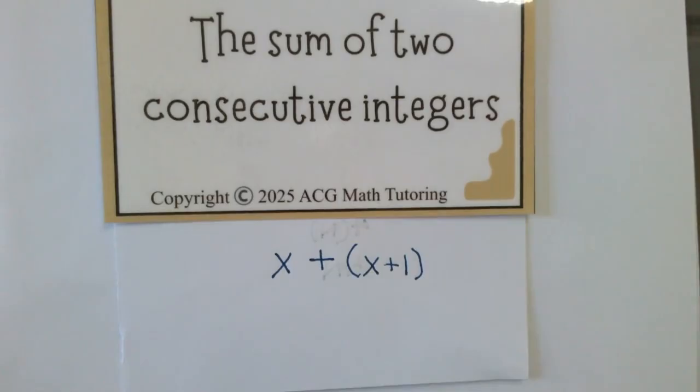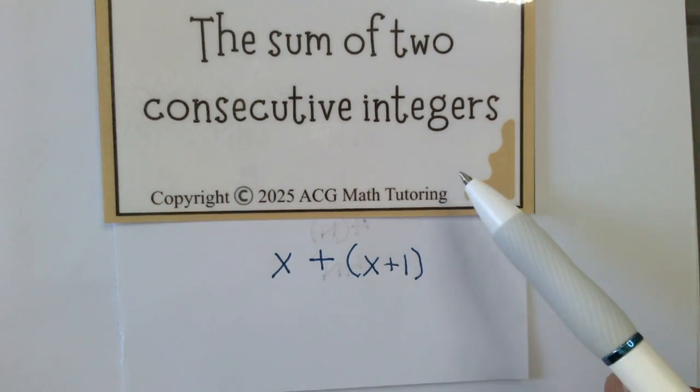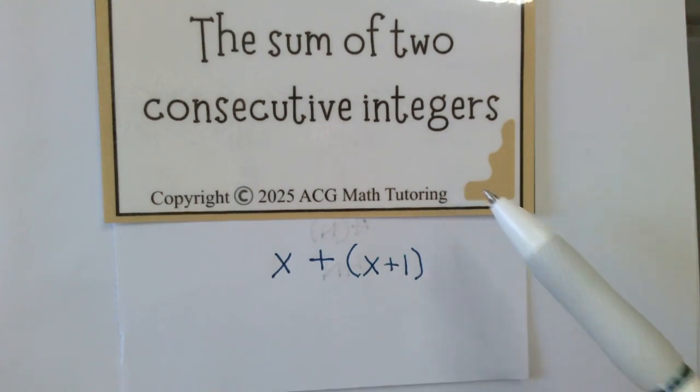Then you would have to do algebra to find your answer. That was a tough one. But this is a GED, people, 4-point question. I don't want you to give that up.